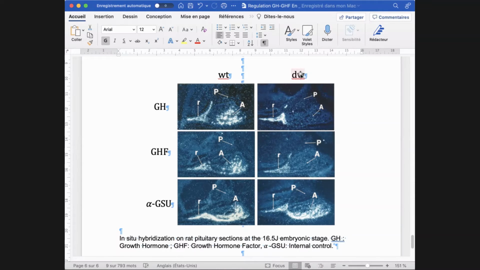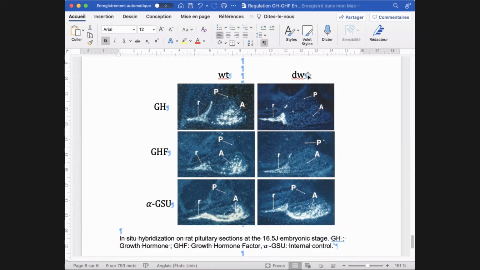Now we do the same experiment, but on rats that are dwarfed. And what do you see? You don't see. So first result, this rat does not produce anymore the growth hormone mRNA. Do you see it? Okay, so this means that the rats are dwarfed because they lack growth hormone.